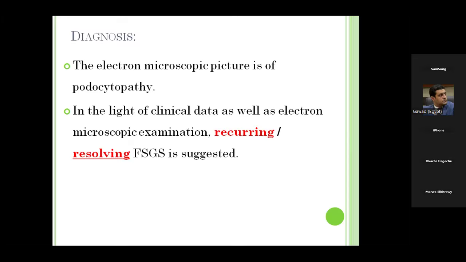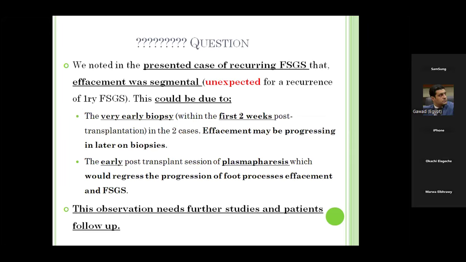It could be resolving as an effect of plasmapheresis, and I think that this is the more probable, the more convincing probability, as the plasmapheresis had some effect. So we noted in the presented case of recurring focal segmental that effacement was segmental, unexpected for a recurrence of primary focal segmental.